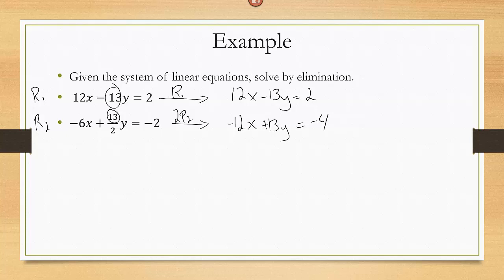Okay, so now we have our variables that will cancel. So let's go ahead and add down. So 12 minus 12, that's 0. Negative 13 plus 13, that's 0. And then 2 minus 4, that's negative 2. So bring everything down, we got 0 equals negative 2.